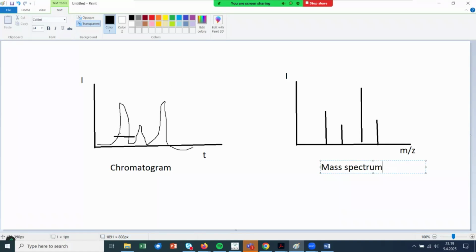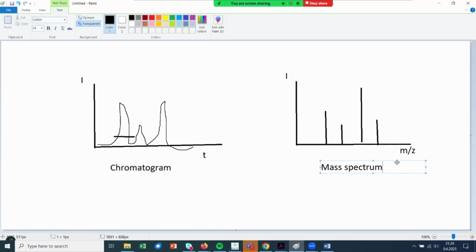Depending on our system, these peaks can be narrow or they can be wide, and that affects the chromatographic resolution. But with mass spectra, when we are measuring these different masses, we also face the issue of resolution, which is separate from the chromatographic resolution.